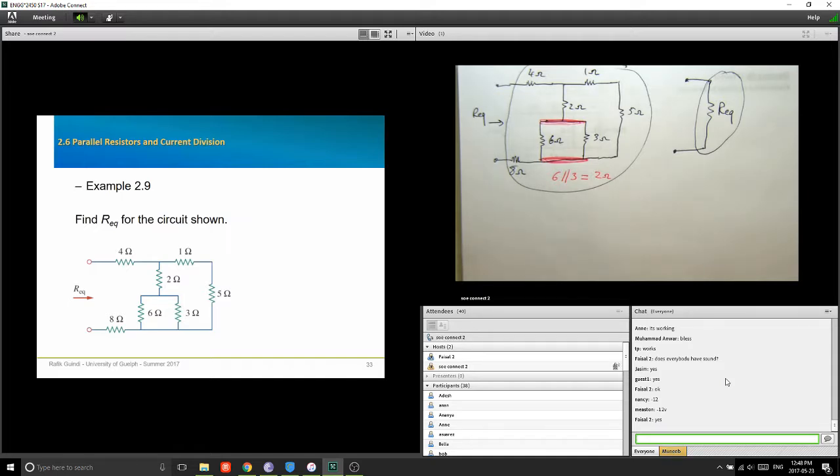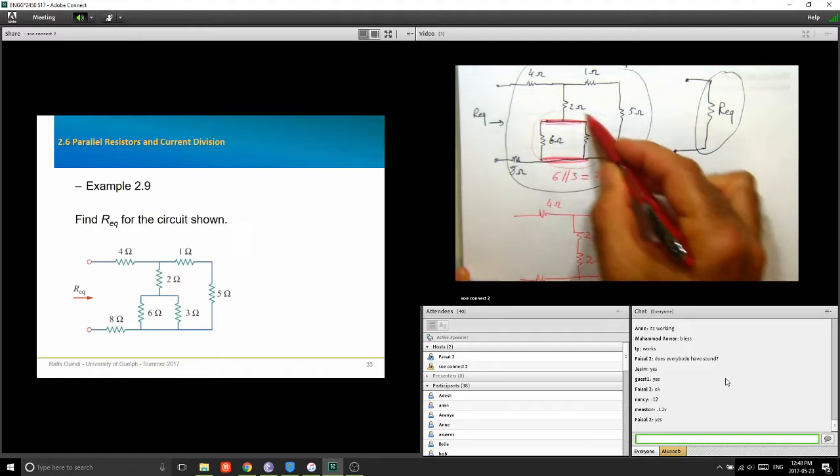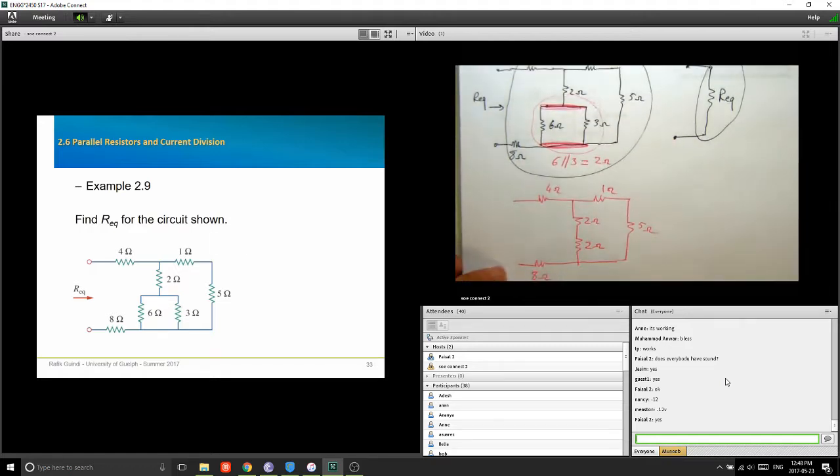That's 2 ohm. Okay, so you end up having, I'm going to do it in many steps, this is my 2 ohm now, right? And 2 ohm here, 1 ohm, 4 ohm, 8, and 5 ohm. So I replaced this parallel combination with this element here.